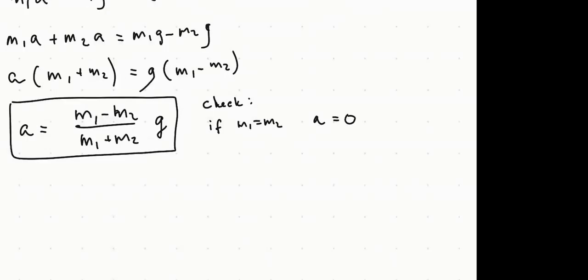That makes perfect sense. If they are the same mass, then there would be no acceleration. If m1 is greater than m2, then acceleration is positive. And if m1 is less than m2, then acceleration is negative. That means going the other way, which makes perfect sense.